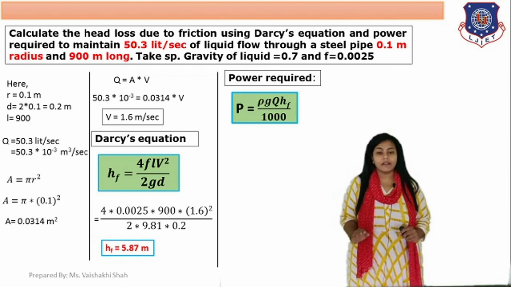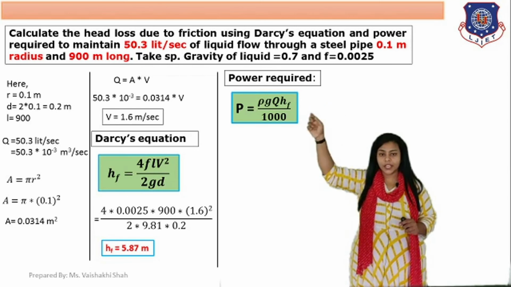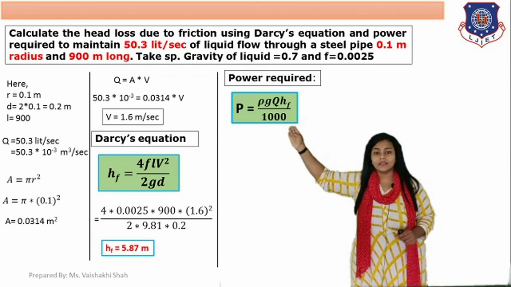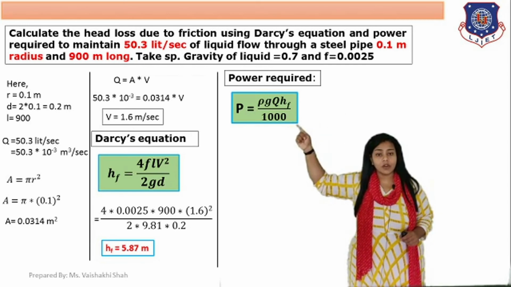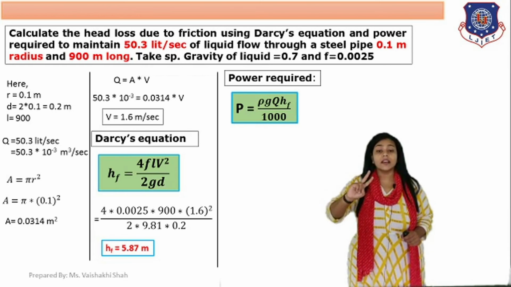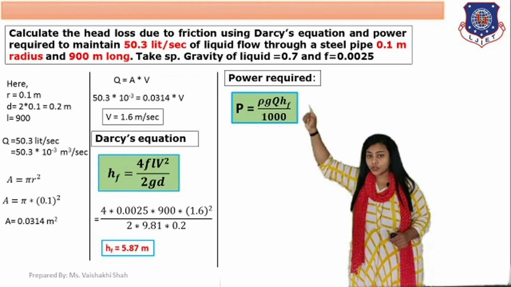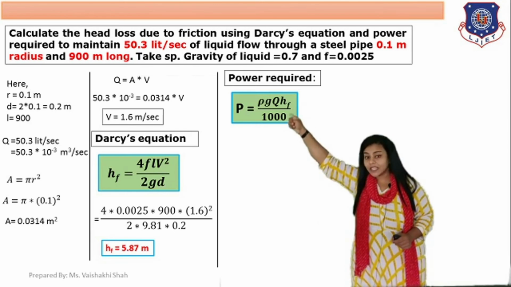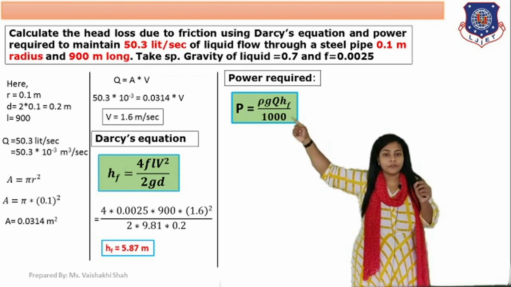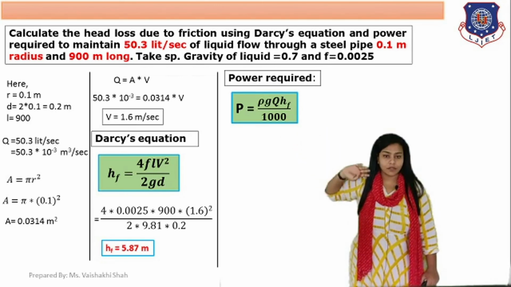What is rho? Density. What is G? Acceleration due to gravity. What is Q in this equation? Discharge. What is HF? Head loss due to friction. And we divide by 1000.